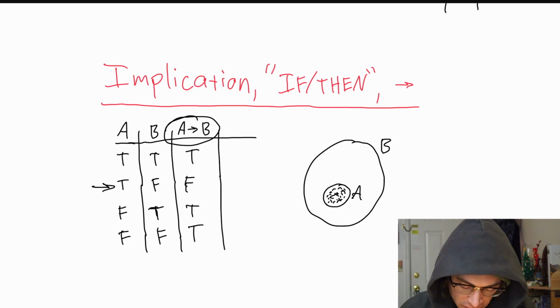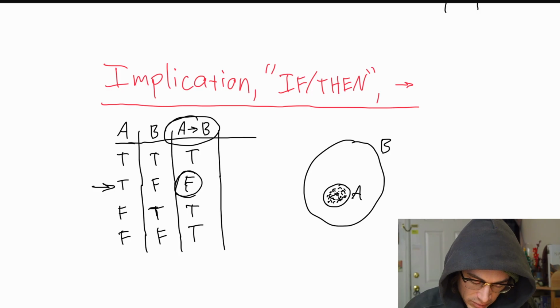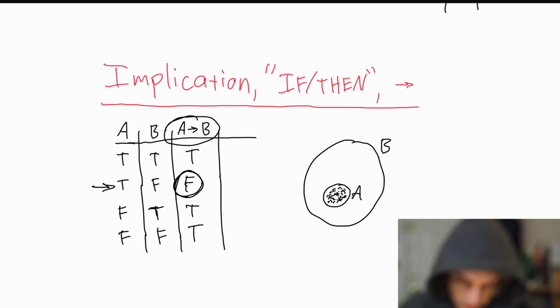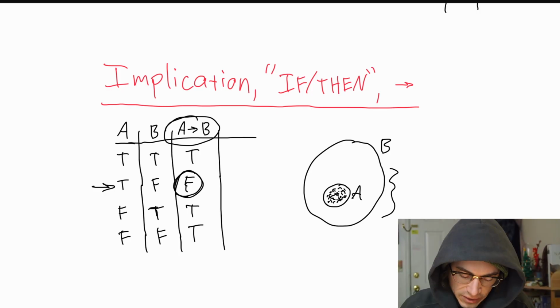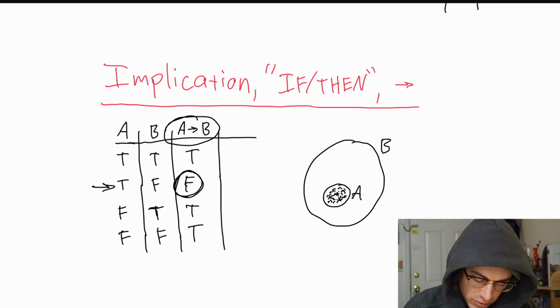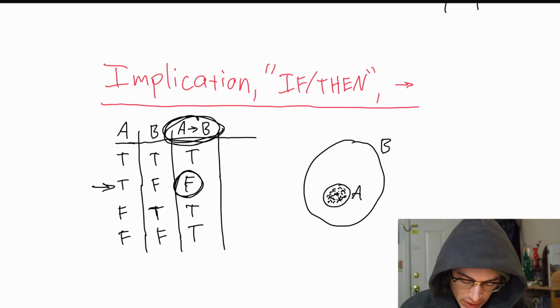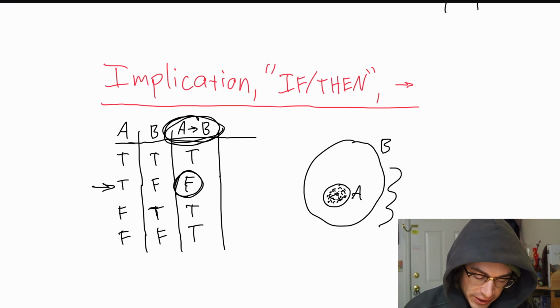Is it possible to be in A but not be in B? No, it's not. And that's why the statement as a whole is false, because this setup with A inside of B is how we represent A implies B. And in this configuration, we cannot have a situation where A is true and B is false.